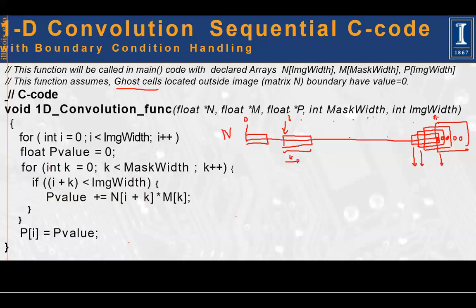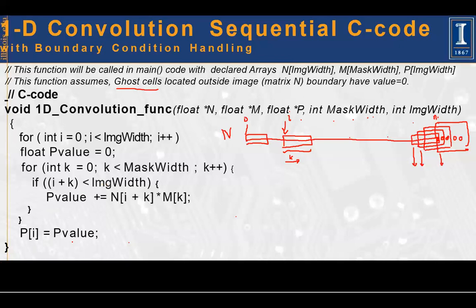So when I run these two loops, I carry out this one calculation at a location, then this one increases, I slide the window, I carry out another calculation, keep doing those calculations, and I keep placing those results in P[i].